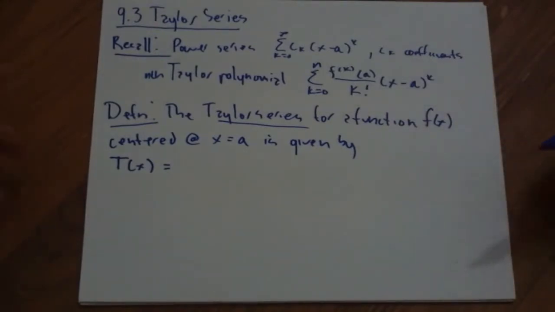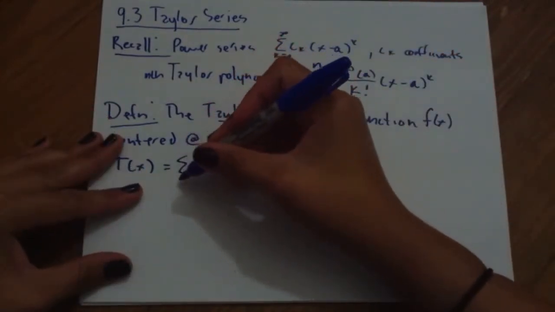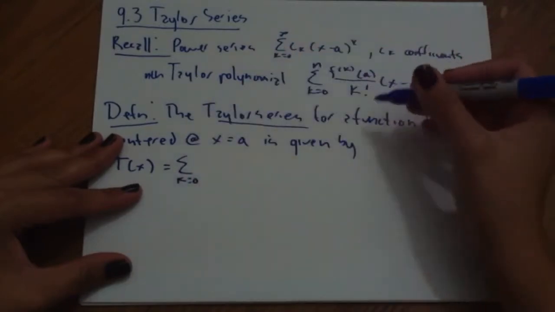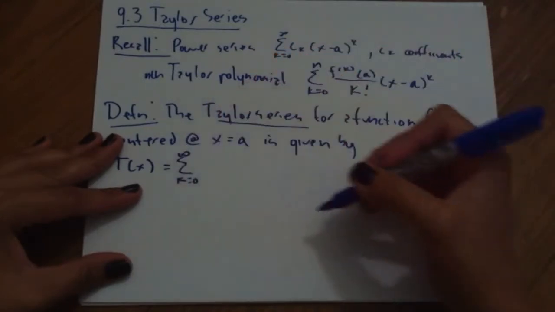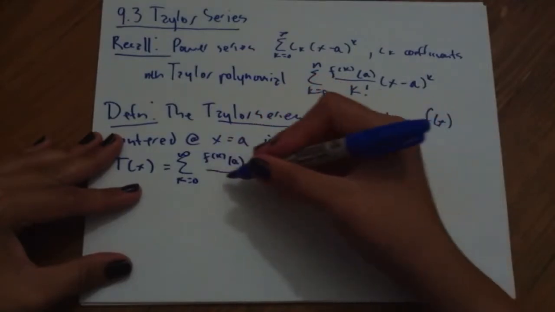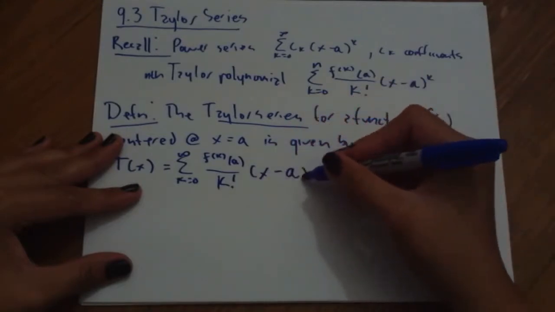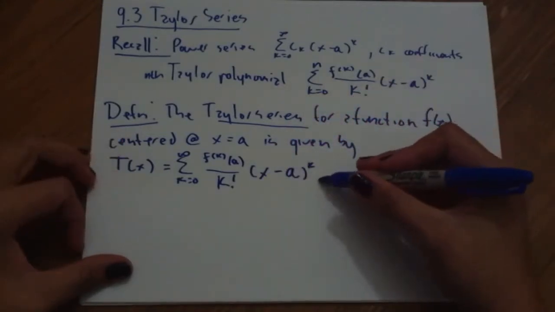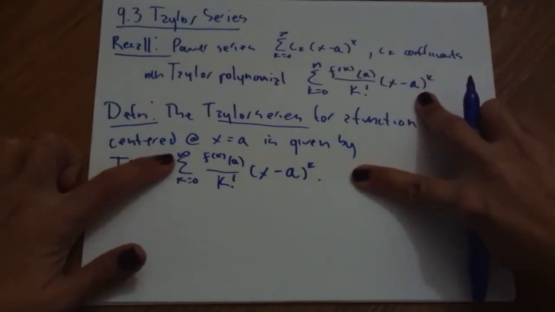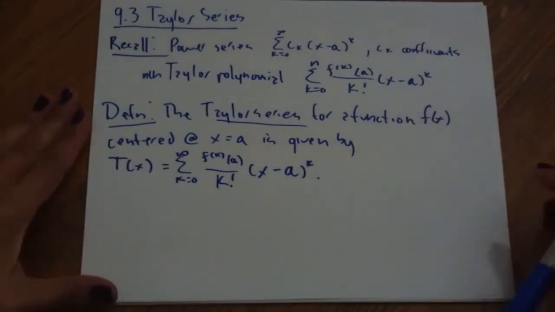So this is kind of like mushing both of these formulas together. Your coefficients and your series are all going to come from the same formula that we had for Taylor polynomials, right? So we'll look at the kth derivative of f at a over k factorial times (x minus a) to the k. Basically, this is the exact same formula as we had up here, except you keep going, so this is going to be infinite degree.